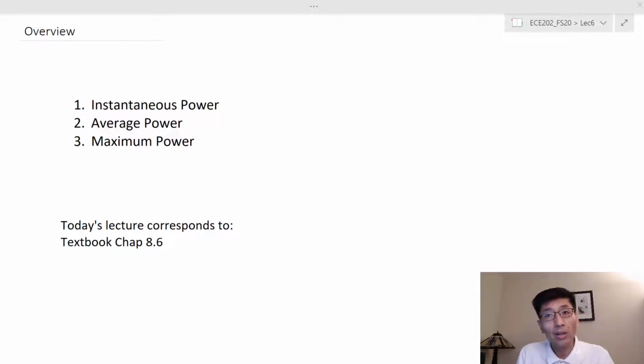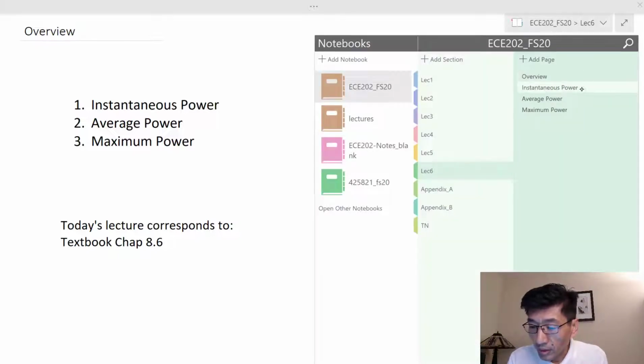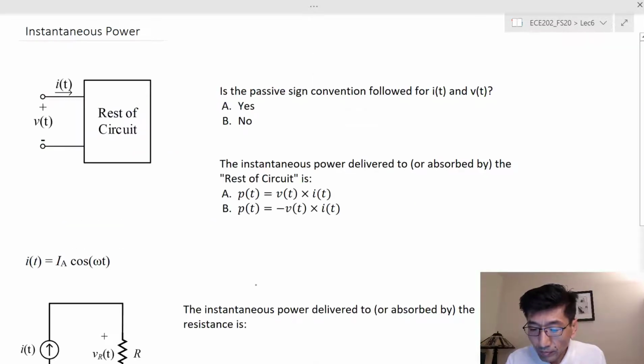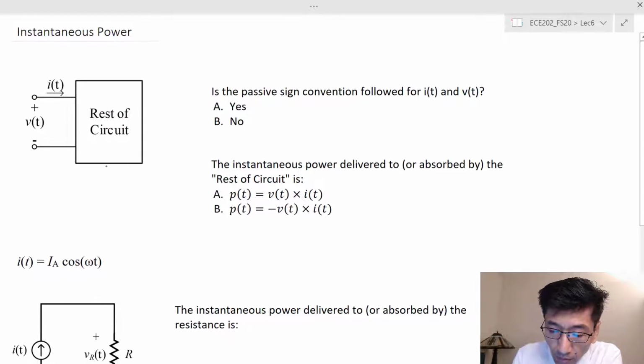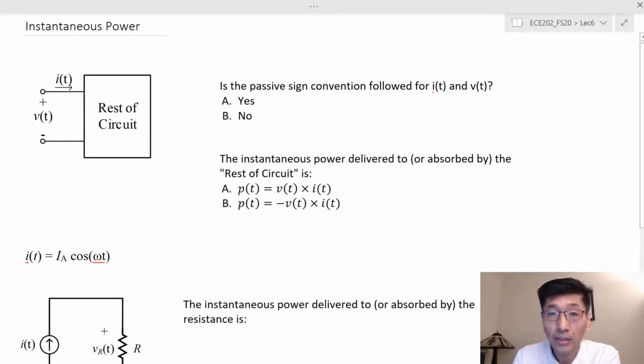So today I want to talk about the instantaneous power, the average power, and the maximum power. Let's look at the first one, the instantaneous power. I have a box representing a circuit inside, and I don't really know what it is, and I have the current I and V labeled.